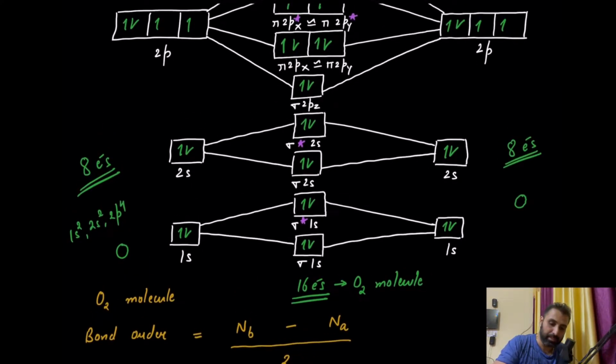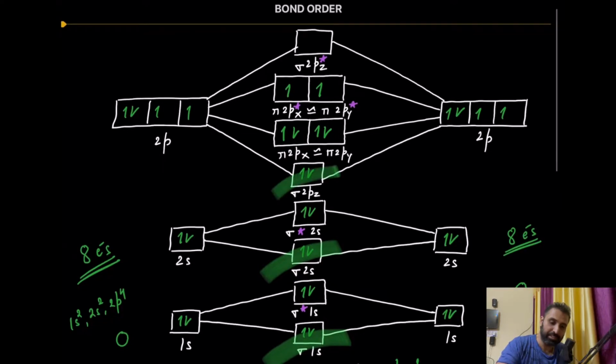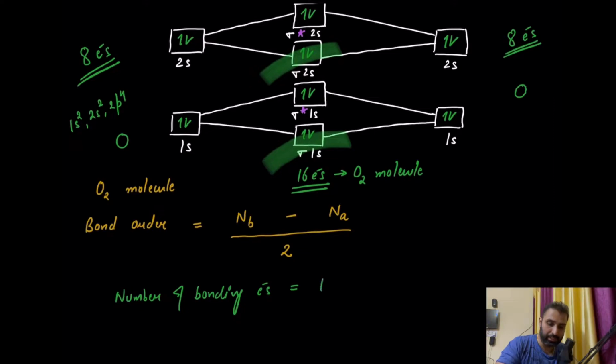This is 2, then 2 plus 2, 4, then 5 and 6, then 7, 8, 9 and 10. So we got a total of 10 electrons in bonding molecular orbitals.